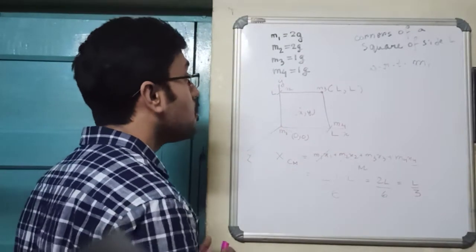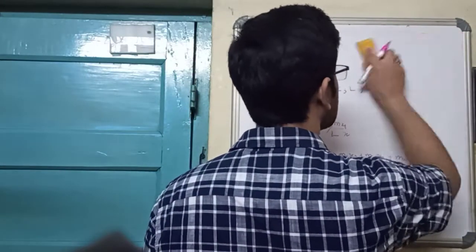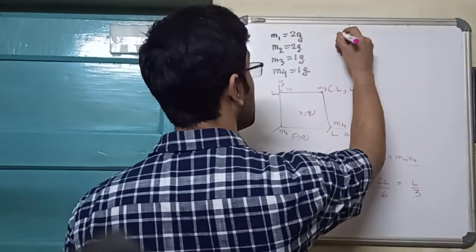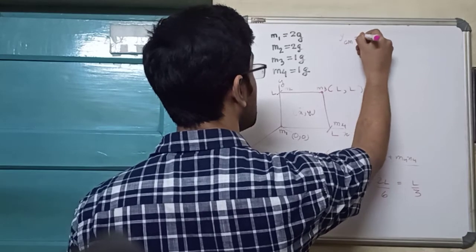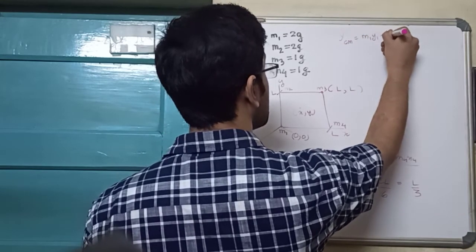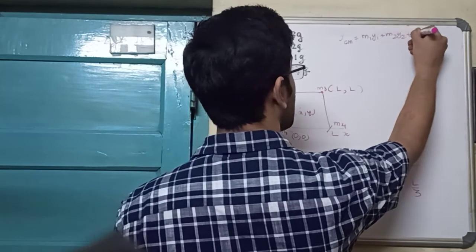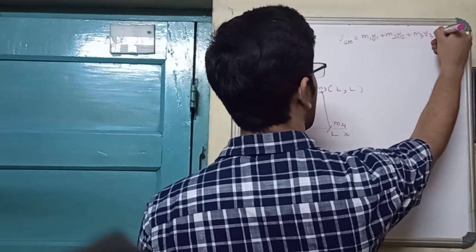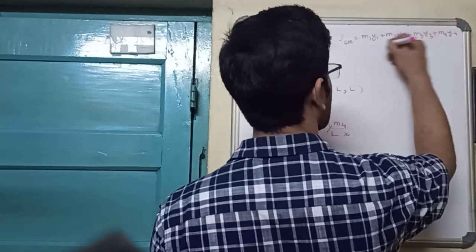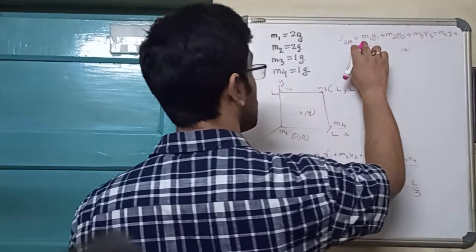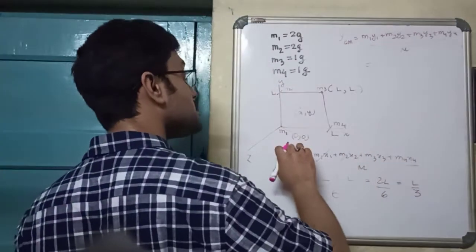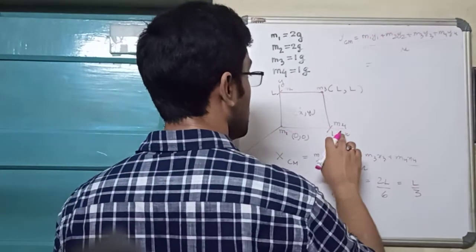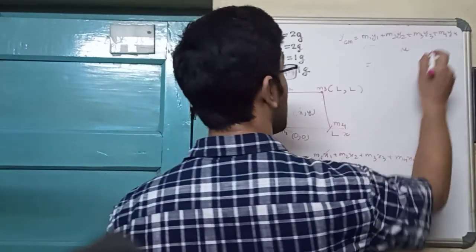And what would be the y coordinate of the center of mass? In a similar way, the y coordinate will be m1y1 plus m2y2 plus m3y3 plus m4y4 divided by total mass. m1's y coordinate is again 0 because it is at origin. m4 lies on the x axis, so its y coordinate is also 0.